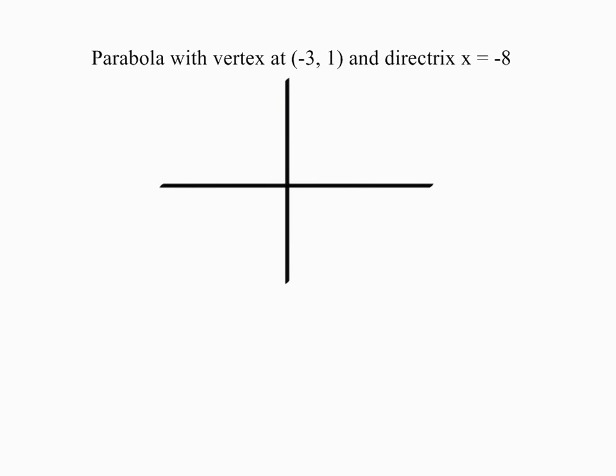We're going to have a vertex of (-3, 1), and a directrix of x equal to -8. That's going to be vertical, 1, 2, 3, 4, 5, 6, 7, 8, about here. So I'm going to make it a vertical line, roughly, about there.